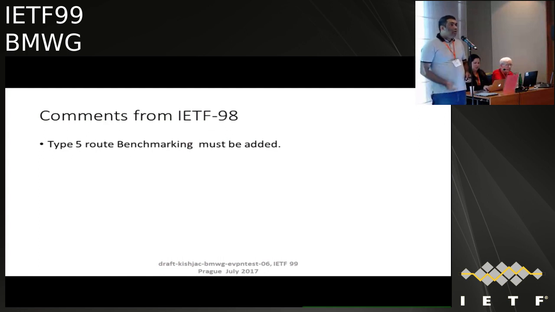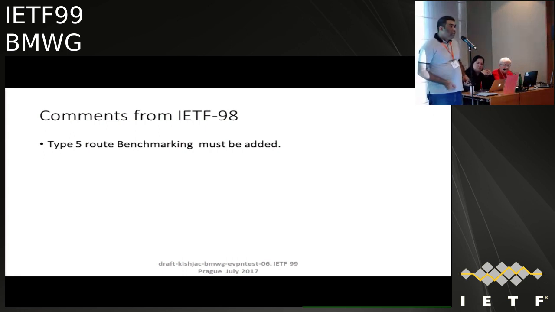They add a lot of other things, for example, running VPWS over EVPN, E-LAN, different kinds of services, so they spin off a new draft. So type 5 route itself is a draft adopted by the IETF BESS working group. They want that also to be benchmarked as part of EVPN, so I incorporated that as one of the parameters, because we have defined the parameters.